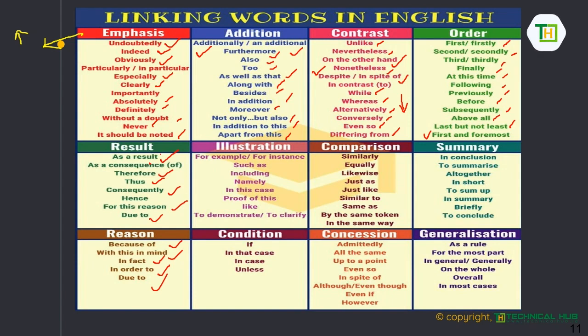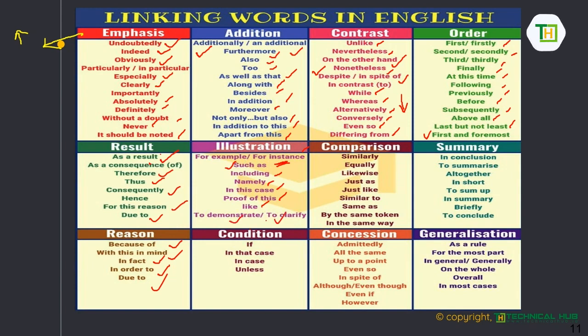Right, next one, illustration. For example, most of the people use for example. Why don't you use for instance? For instance, try to use it from today onwards. You use for instance. Sometimes you can use such as, okay, including, namely, in this case, proof of this, like, to demonstrate, to clarify.